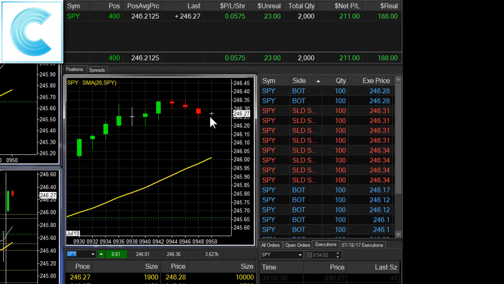If the 2-minute candlestick goes over this red bar, I'm going to add more to it, which is the 30. So if this goes to the 31s, I'll be adding more shares to it.